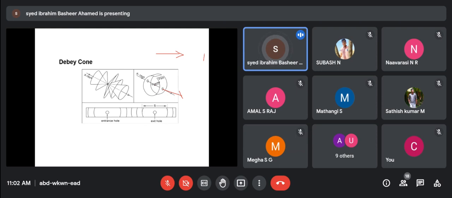Once it hits the crystal, you will have diffraction in all directions, which you can see as a Debye cone. It will form cones of different orders: 0 layer, first order, second order, and so on. If you open the film, it will look like this: the 0 order, first order, second order, and so on.